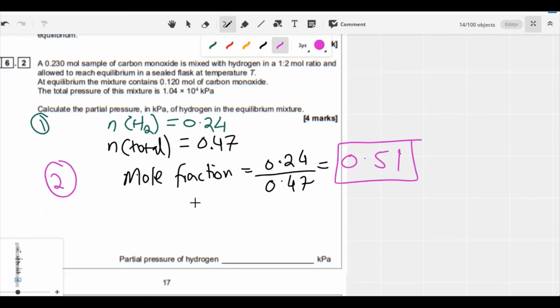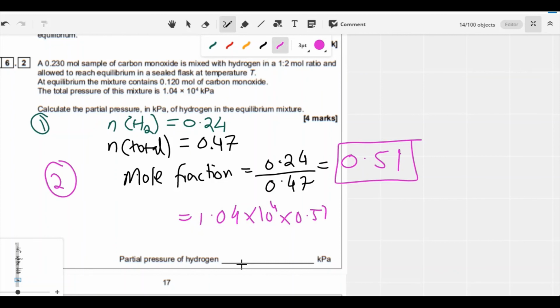Okay, so that will equal 1.04 times 10 to the power 4, that is the total pressure, times 0.51, that is the mole fraction. Mole fraction times total pressure equals the partial pressure of hydrogen.